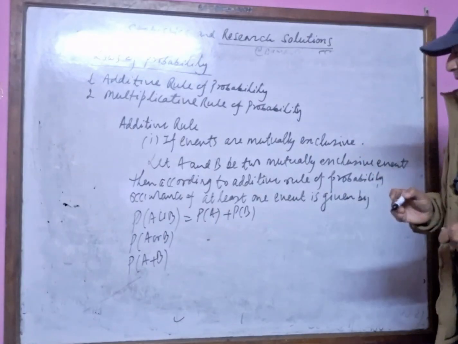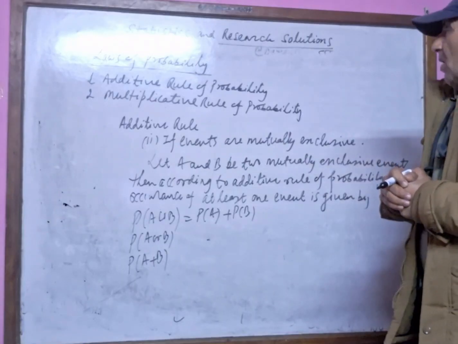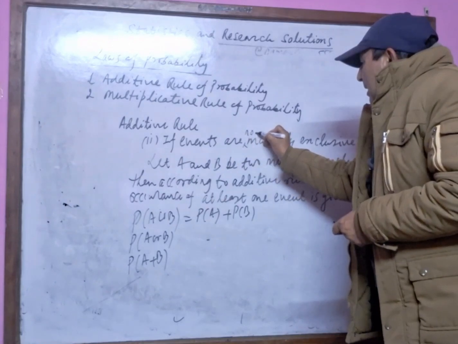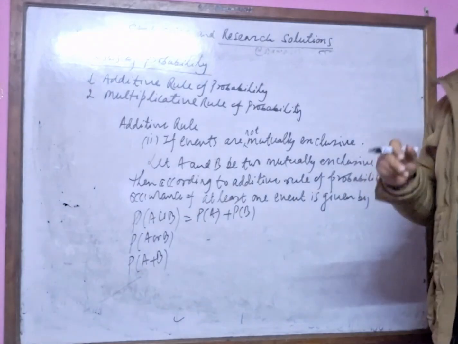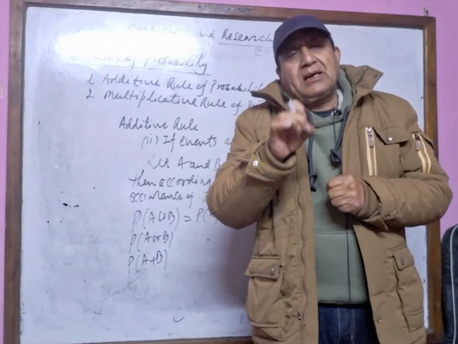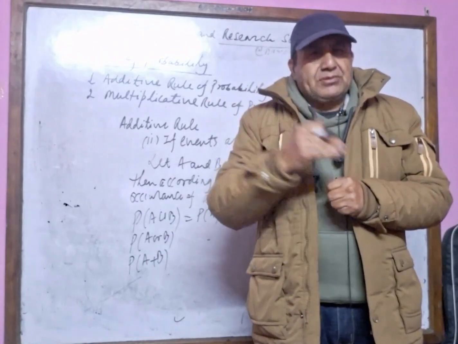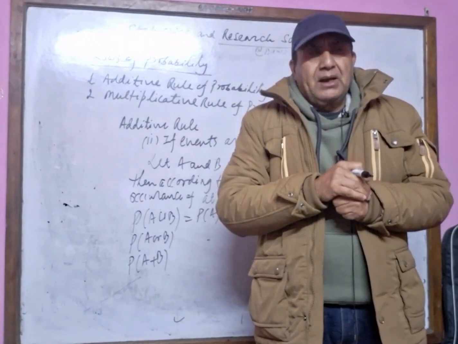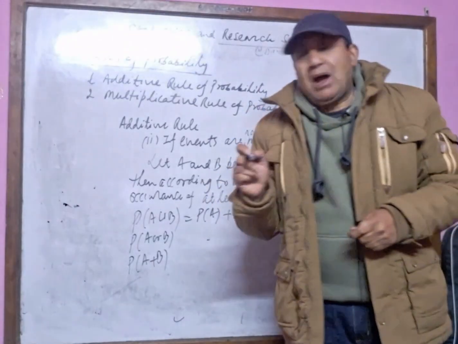And the second condition: if events are not mutually exclusive. Not mutually exclusive means their common, simultaneous occurrence is possible. For such events, the probability of at least one event is given by this additive rule.